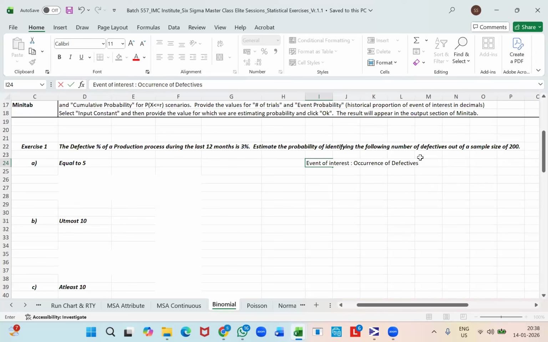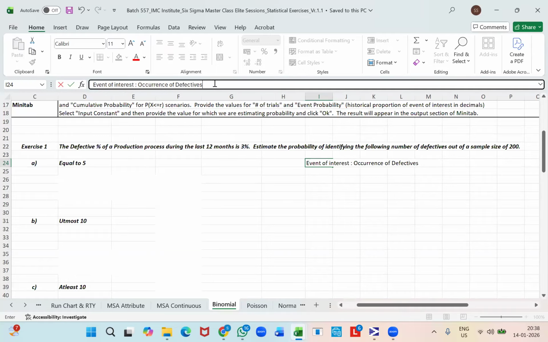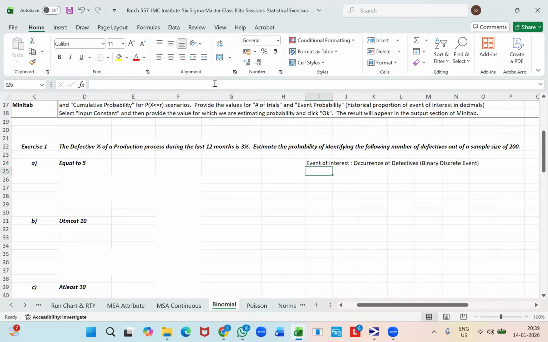So the occurrence of defectives is a binary discrete event, right? That is the first thing that we need to understand: what is the data type of the event of interest? If it is a binary discrete event, then we can apply the binomial distribution logic to solve that particular case scenario.